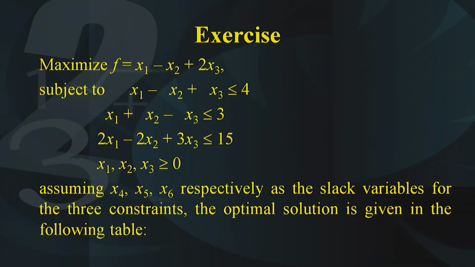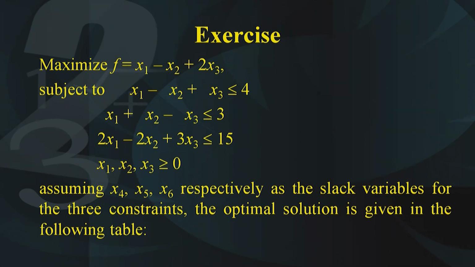The problem is maximization of f is equal to x1 minus x2 plus 2x3 subject to x1 minus x2 plus x3 is less than or equal to 4, x1 plus x2 minus x3 is less than or equal to 3, twice x1 minus twice x2 plus 3x3 is less than or equal to 15, and all xi's are greater than or equal to 0.